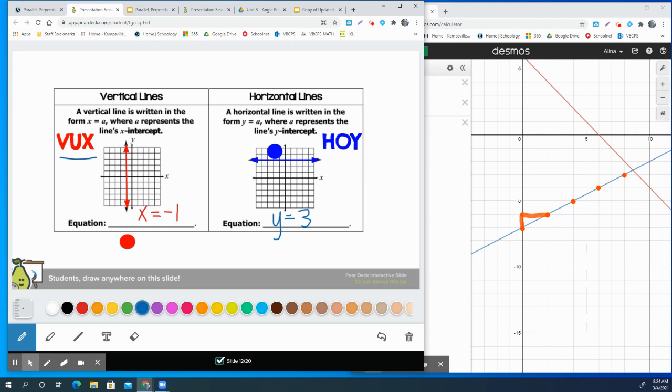And they're not in that form y equals mx plus b, so they're a little bit different to look at. So write yourself some notes if you need to, to capture this information. So Vux is vertical, undefined, x equals, and Hoy is horizontal, zero slope, y equals. Okay.